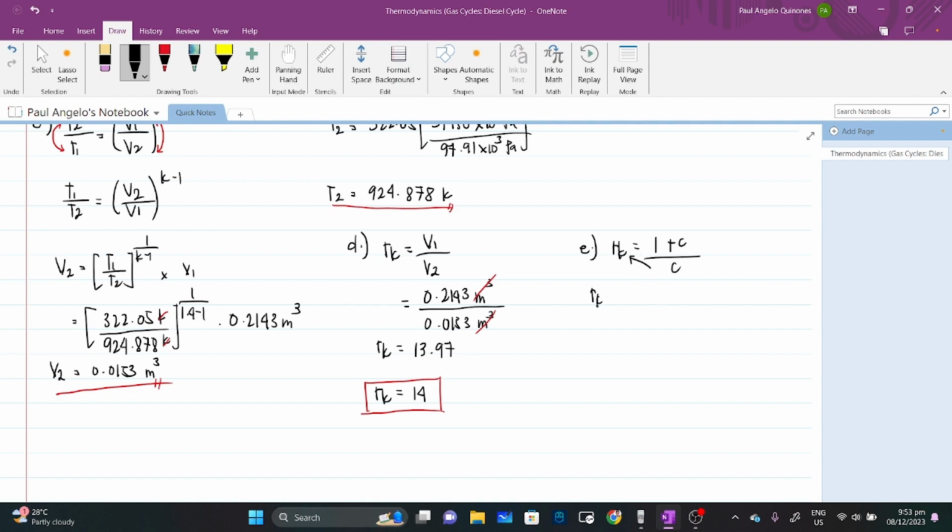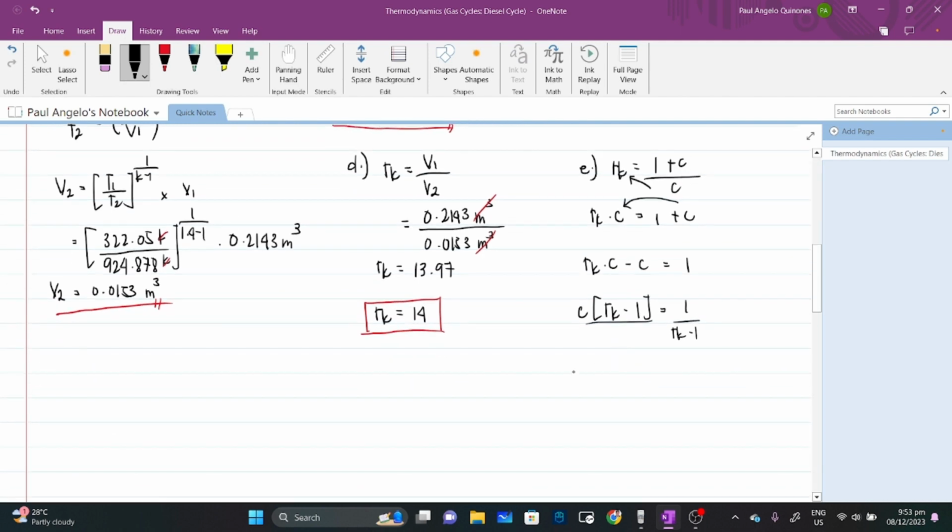So we have RK times C is equal to 1 plus C. Separating C on the left side, we have RK times C minus C is equal to 1. We can factor out C. So C quantity RK minus 1 is equal to 1.